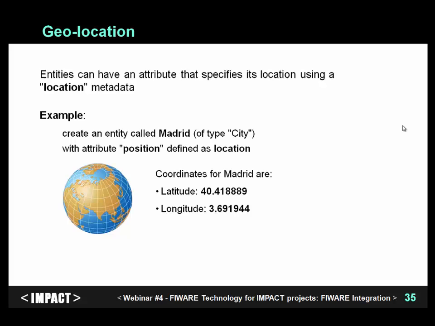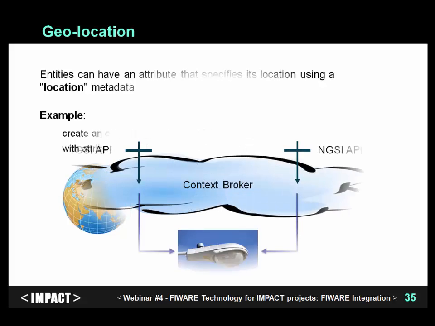You would state that the coordinates for Madrid are a certain latitude and a certain longitude. Of course, Madrid is not going to move, or any city in that sense, so it wouldn't make that much sense to have a city with these attributes. But think about a bus that is moving, or a train, or any IoT device which is subject to movement and to geolocation data. You could have this data encoded in the context broker, and therefore available for every application.